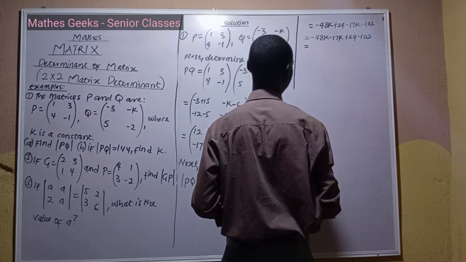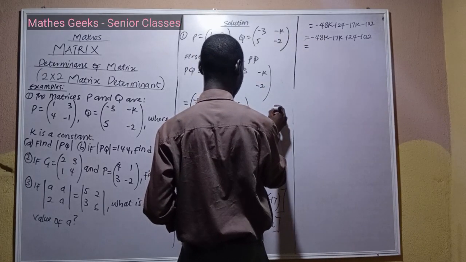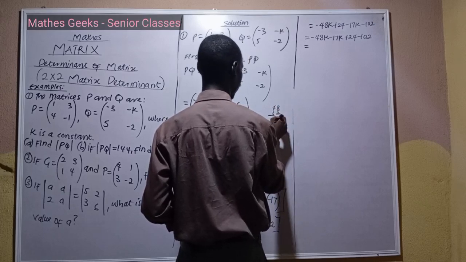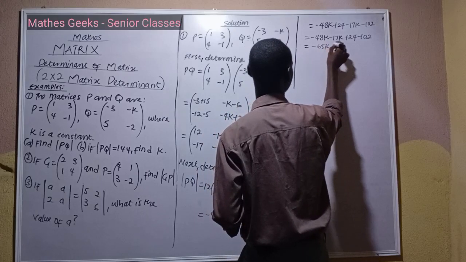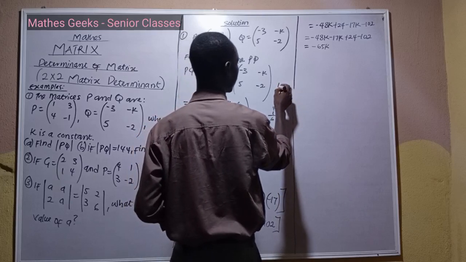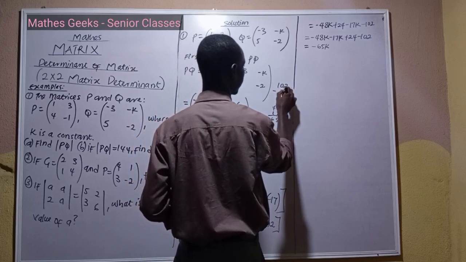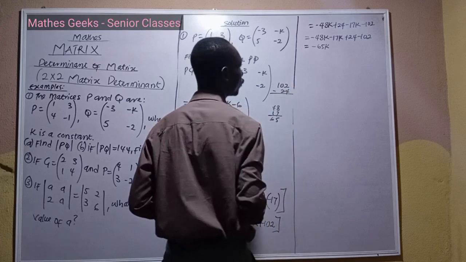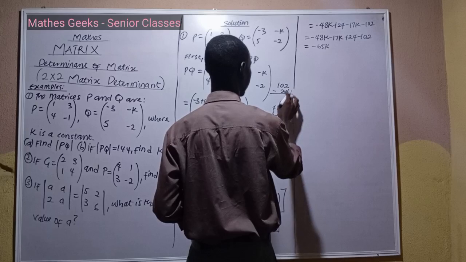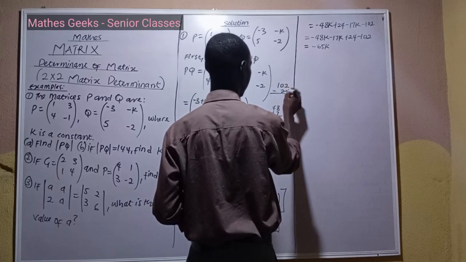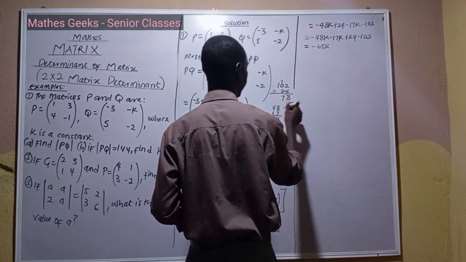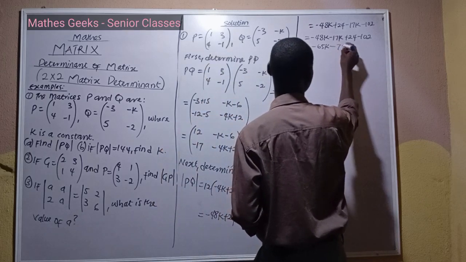Minus 48k minus 17k is minus 65k, plus 24 minus 102 is minus 78.